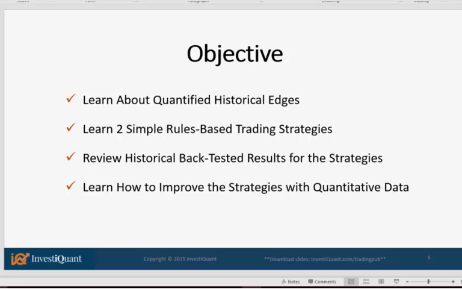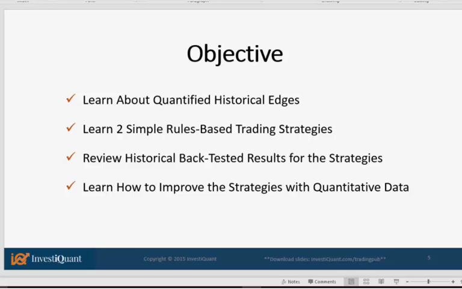Anyway, moving on. Today I'm going to talk about what I mean by quantified historical edges. We'll get into that a little bit. It's not just looking for a pattern and buying or selling stock based on what a chart is telling you, but it's actually understanding percentages and profitability over time associated with that pattern.